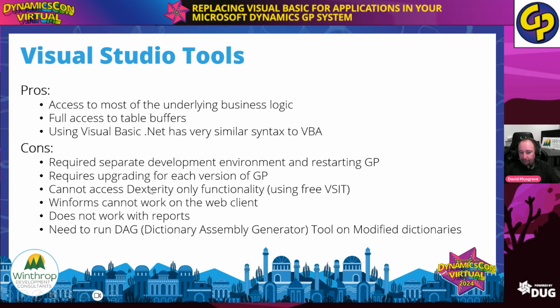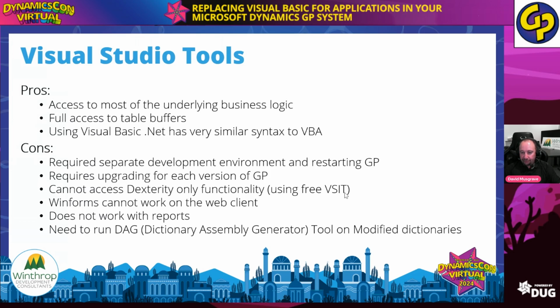It cannot access Dexterity-only functionality. However, I have a product, the Visual Studio Integration Toolkit, which has some free modules in it, which do allow you to get to some of that Dexterity-only functionality. If you create WinForms with Visual Studio, they won't work on the web client. And by default, you can't use Visual Studio Tools with reports.